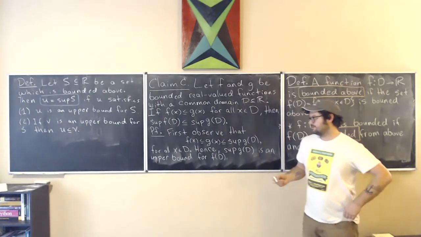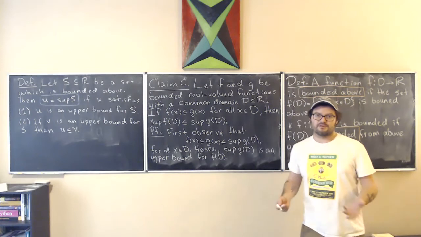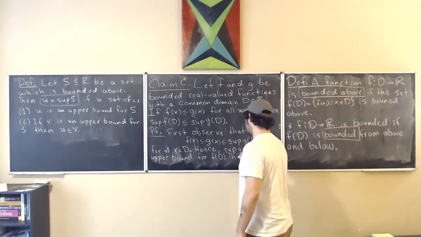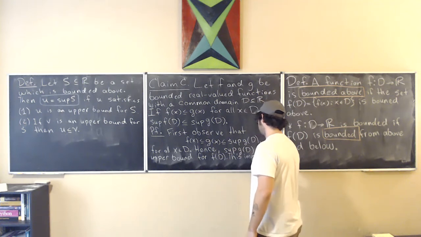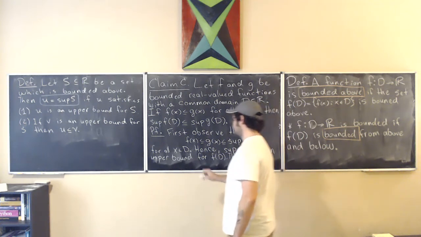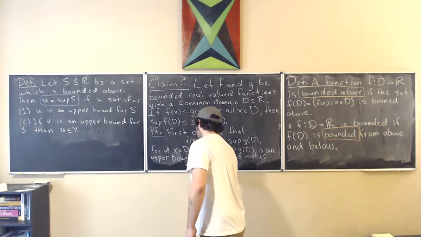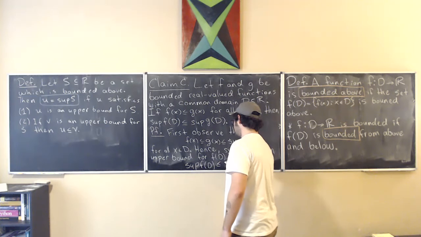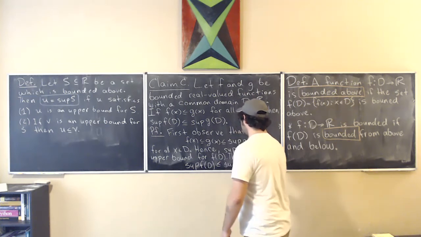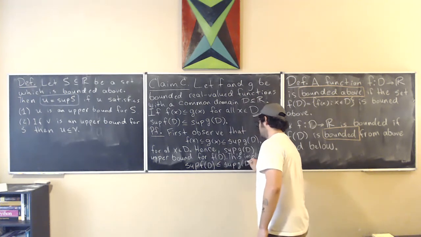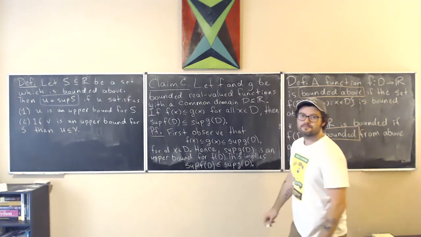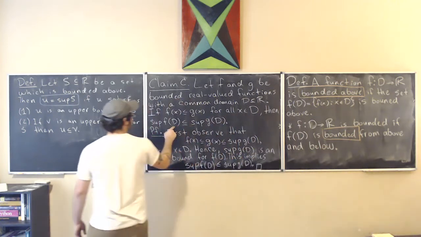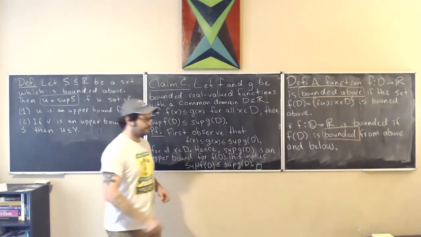Since it's an upper bound, the least upper bound of f of D is bounded above by that. So this implies that the supremum of the image of D under f is at most the supremum of the image of D under g. And then we're done. That establishes the desired inequality.